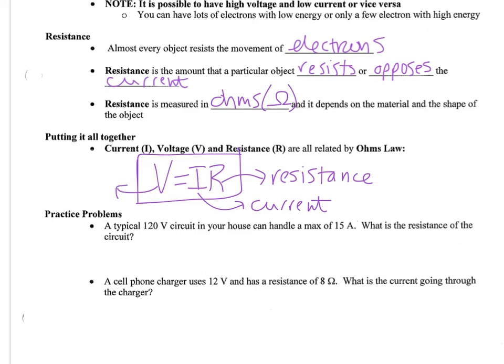And V is voltage. So it's a really simple equation to use. V equals IR. You can rearrange to solve for current: current equals V over R, and you can solve for resistance: resistance equals V over I. I just always remember it as V equals IR.